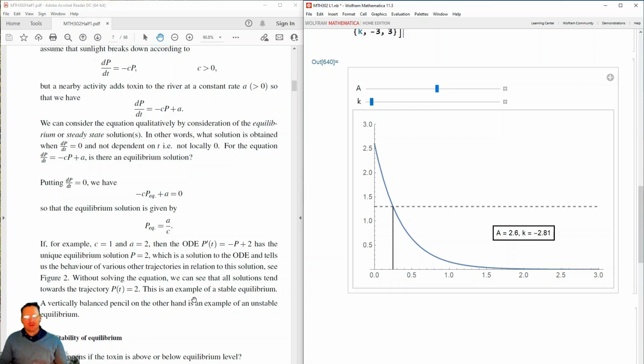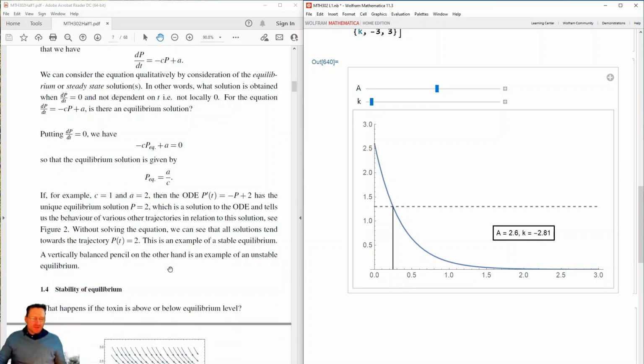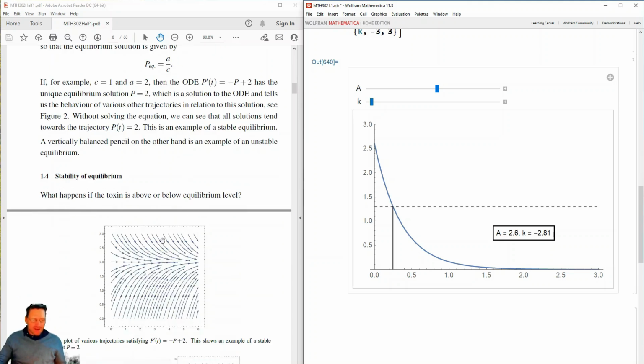And this tells us the long-term behavior of that system involving the toxin. Okay, so does it tend to a concentration of 2, or is it tending away from that, right? All right, so see figure 2. So let's have a look. So figure 2 is down here.